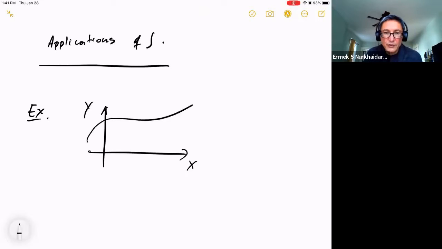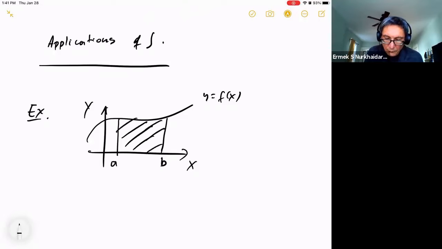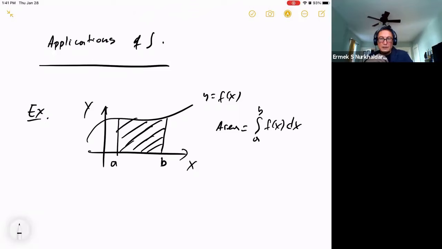So if we have a function, and you want to find this area, if the function is above the x-axis, then this area equals the integral from a to b of f of x dx. So that's the first example of application. That's what you're familiar with from Calculus 1.